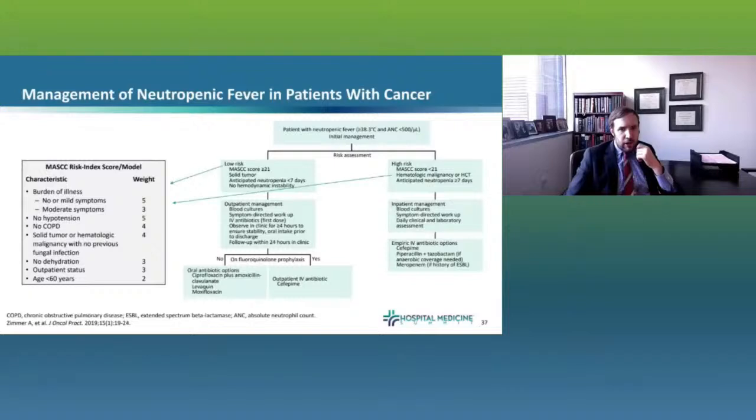And then working down the line on the left, the low risk folks, as I mentioned earlier, you can typically manage them outpatient. So you guys won't see them. We'd get blood cultures, we'd work them up, see if we can find where the source is. IV antibiotics, first dose, give them, we typically would do fluoroquinolones.